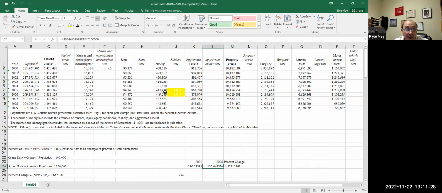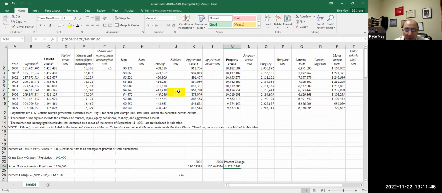So we know the crime rate went up. The crime rate is higher in the new year than it was in the old year, so our percent change is positive. It went up.